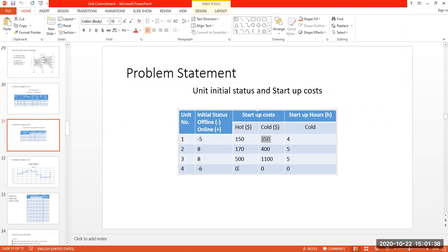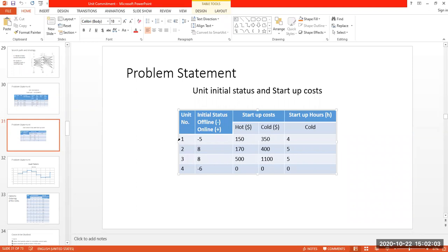We don't think about this in case number 1. Whereas if we have to shut down any unit, in this example they are assuming that shutdown cost is negligible. Remember this: startup cost would be the associated cold start cost, and shutdown cost will be assumed to be 0.